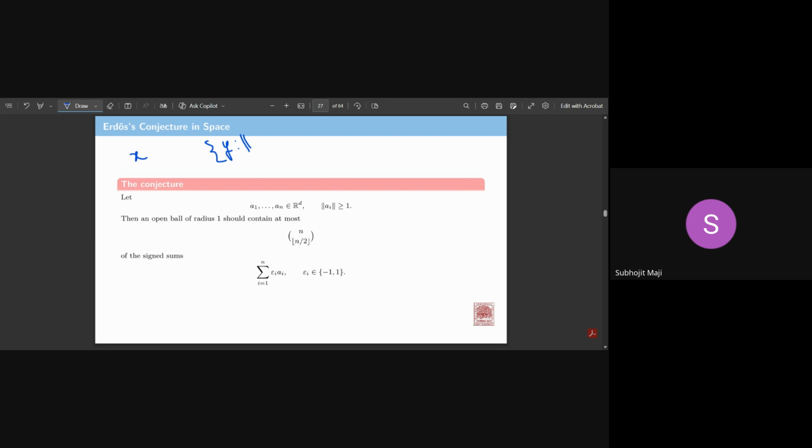Do you remember the length, that norm that we defined for the vectors? So you take the distance from this point x to this point y, and then you take it to be less than 1.